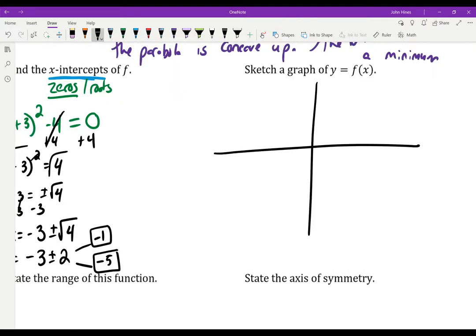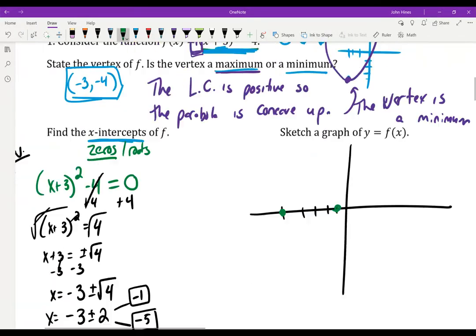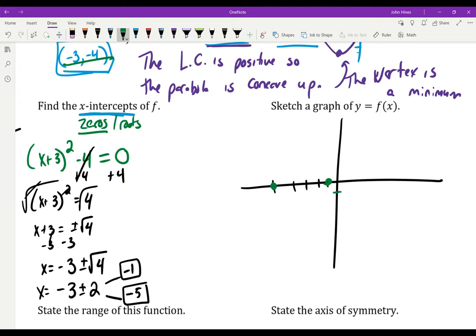So now we're ready to sketch a graph. I know my zeros are -1 and -5. I know my vertex is -3, -4. And once you have these points, you can finally make me the parabola. That's not curvy enough. We want this to be nice and curvy.